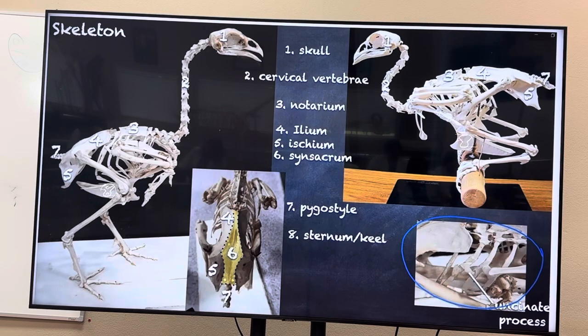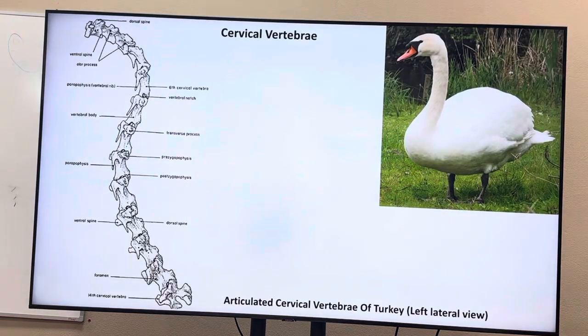So the number of bones within the cervical vertebrae in mammals is how many? 7. So what about birds? 14.